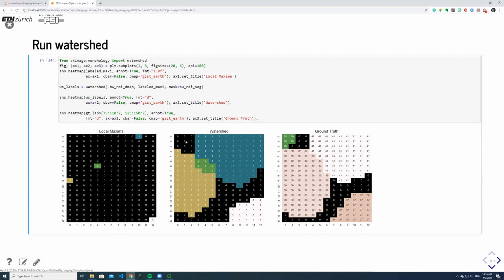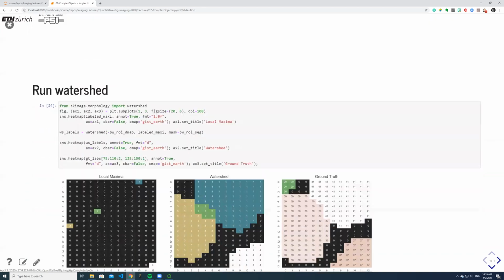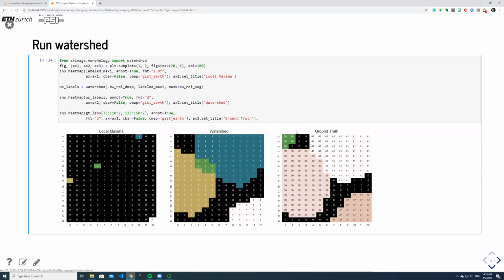But the reason we didn't do it was that Otsu didn't find it. So if the black and white doesn't find it, then also the watershed can't find it. So we leave that piece in the corner here for the moment.